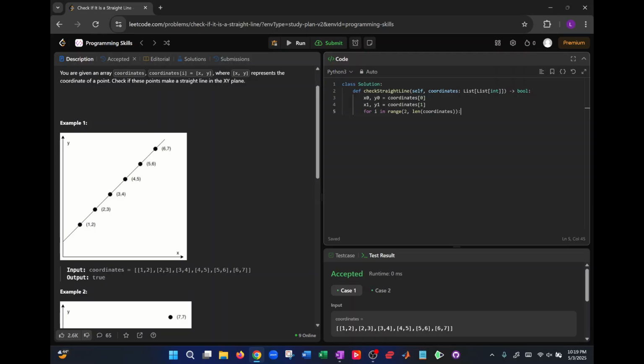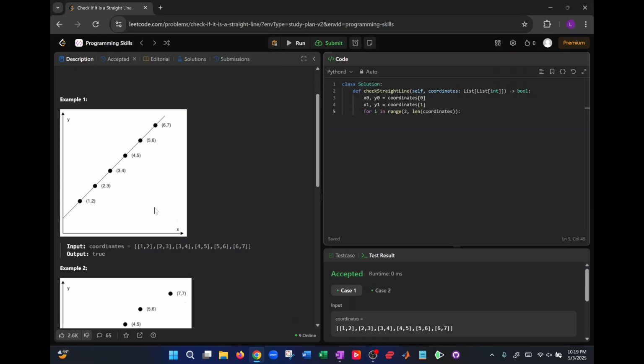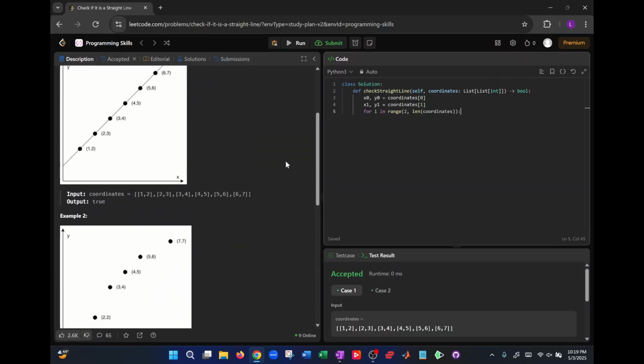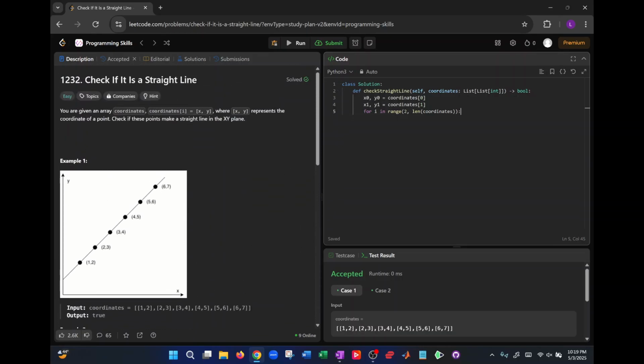And because range does not include the last value, this is exactly what we want. And if there are only 2 coordinates, then this will just not run at all, which is what we want.